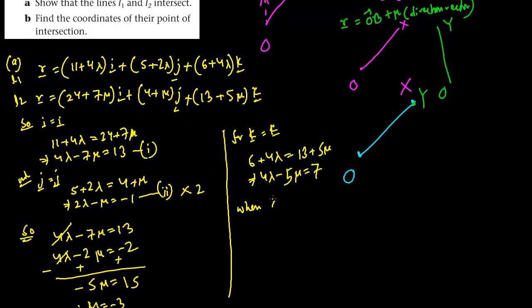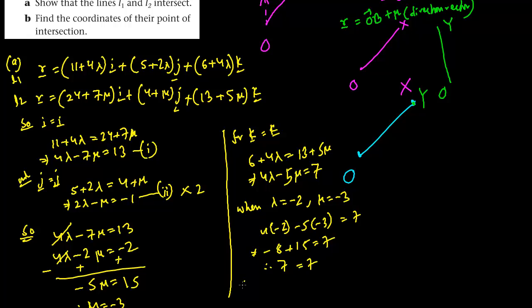When lambda equals minus 2 and mu equals minus 3, let's check whether this holds true. 4 into minus 2 minus 5 into minus 3 equals 7. So 4 into minus 2 is minus 8, and this is plus 15 equals 7. Therefore, 15 minus 8 is 7.